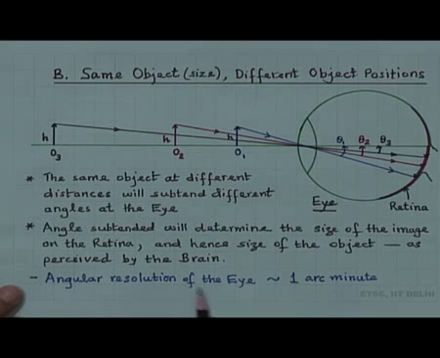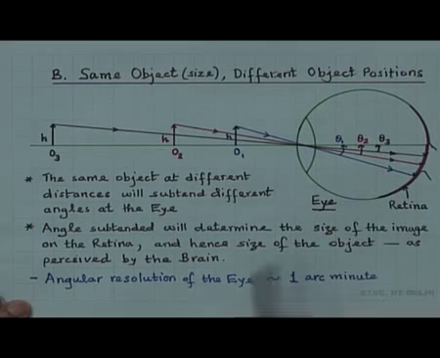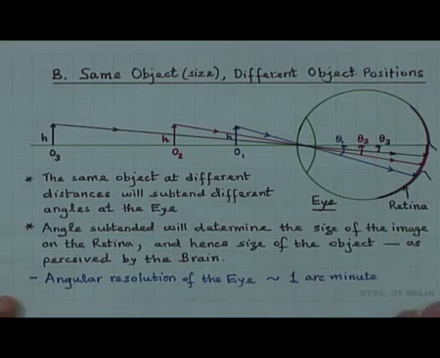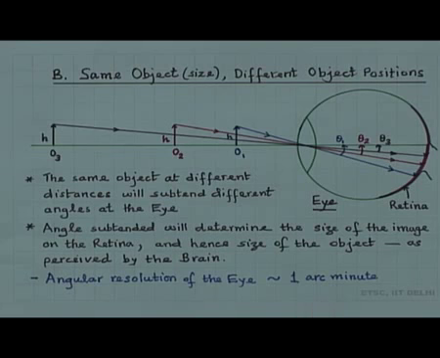The angular resolution of the eye is about 1 arc minute. The angular resolution refers to the minimum angular separation which can be sensed by the eye. So, let me discuss this a little bit more, the 1 arc minute angular resolution.